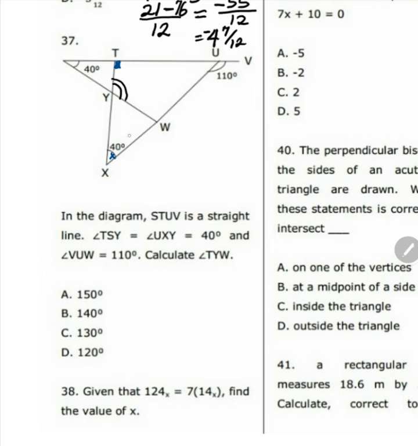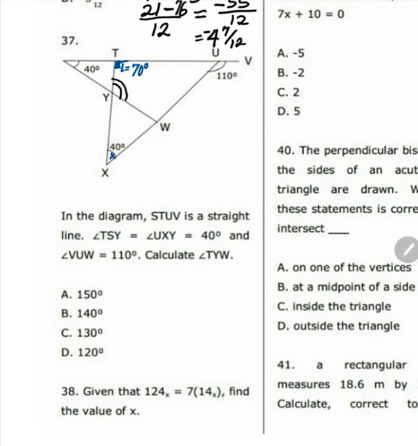That is to say, 40 plus this very angle, let's say T, is equal to 110. In that case, we are going to have this angle to be 110 minus 40, which should be 70 degrees.